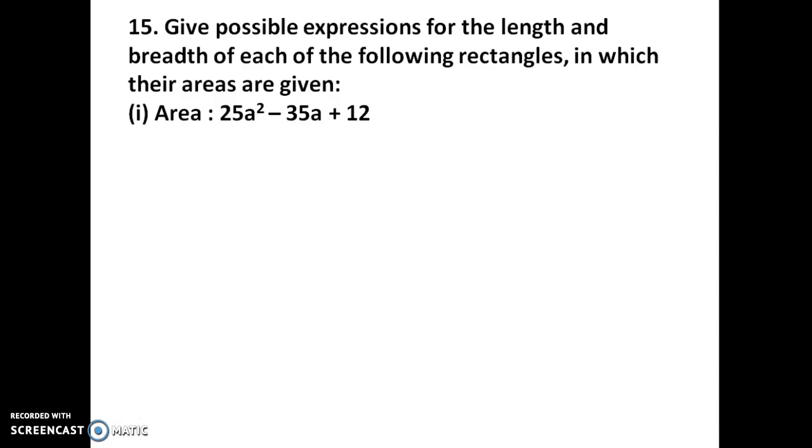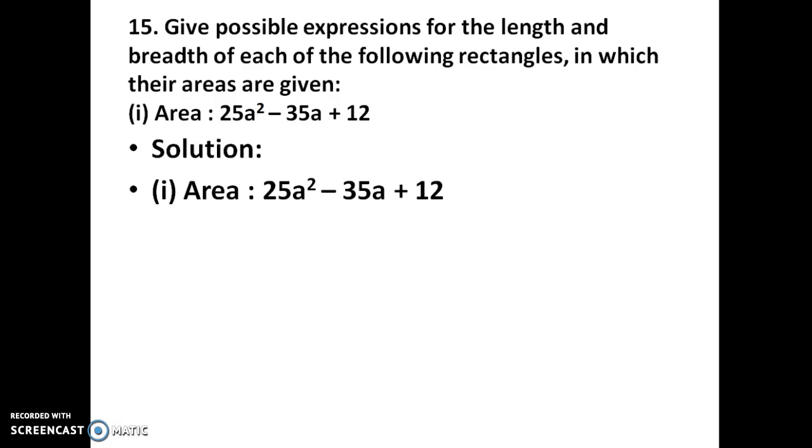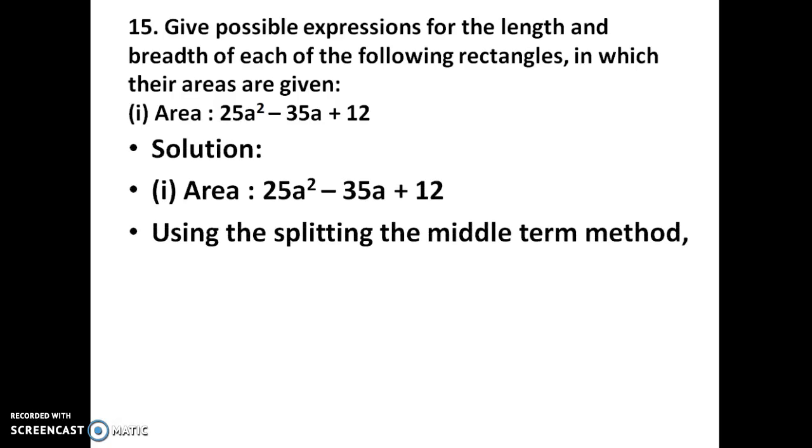That is like factors. How will we find the factors? I already told you, we have to bring the factors. So we are going to factorize this by splitting the middle terms. In the previous exercise we solved by splitting the middle terms. Same we are going to use here.